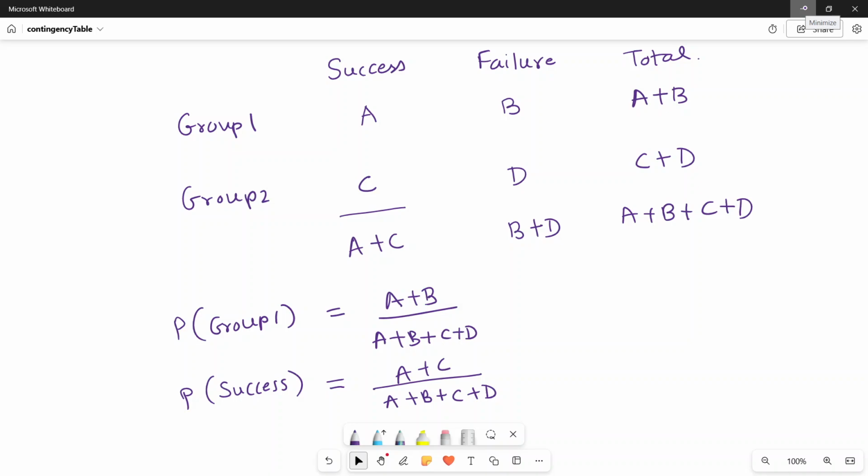Now, you must have studied the concept of independent events.